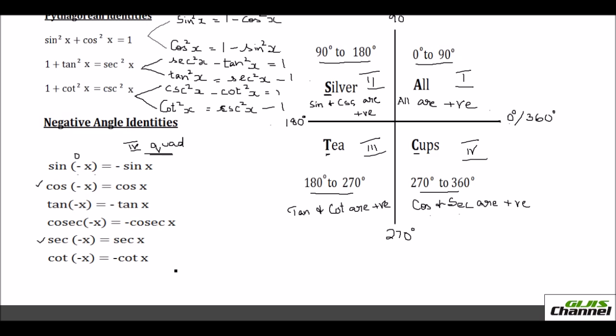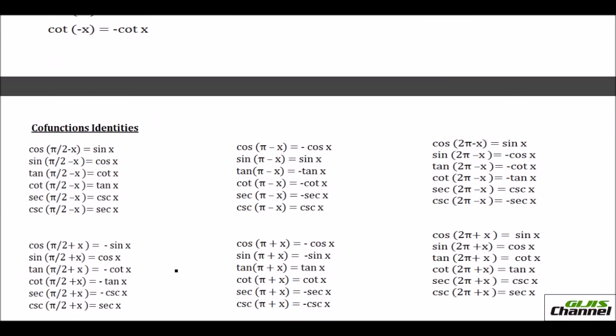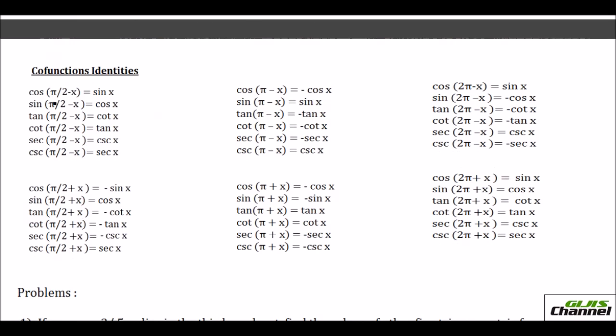Understood? Now, look at these co-functions here. Here it is pi by 2 minus x. So that means it is 90 degrees minus x. So 90 minus x is in the first quadrant. So first you decide which quadrant it is. First quadrant. Now, we'll put the sign later. Now you look, it is 90 degrees.